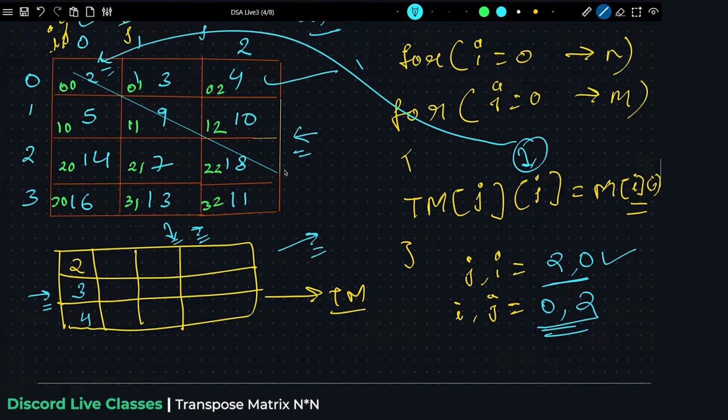So you will revise this thing. What you need to do is divide this matrix into lower triangle and upper triangle, and swap the elements.